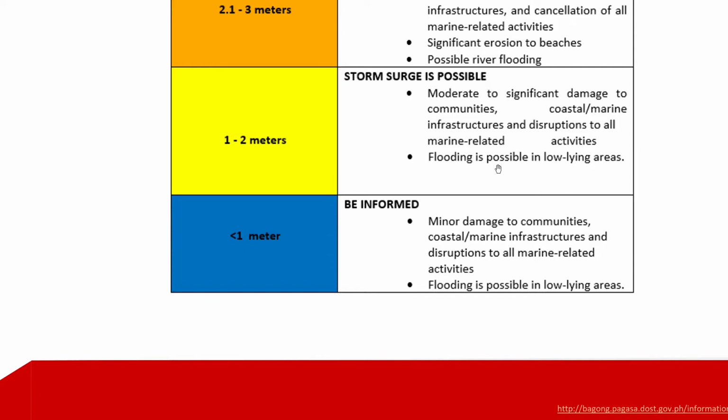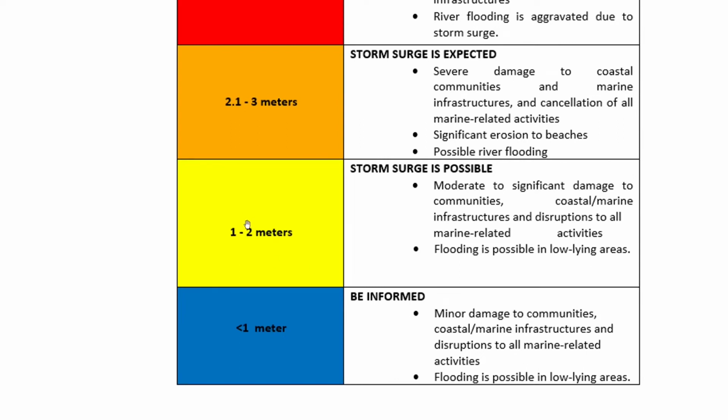Now, at yellow warning level, it means that the storm surge or the storm tide or the surge tide is 1 to 2 meters higher than the high tide itself. Which means from the high tide, about 1 to 2 meters higher is the surge tide.